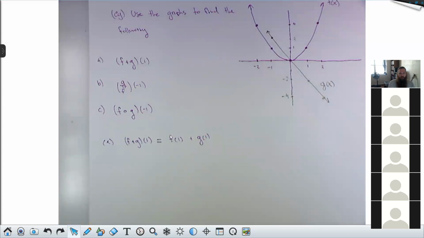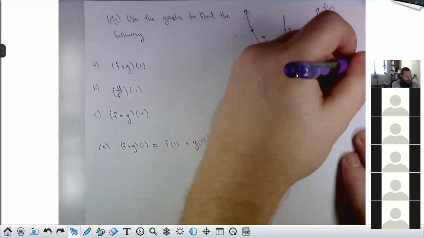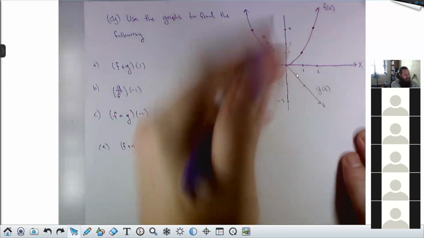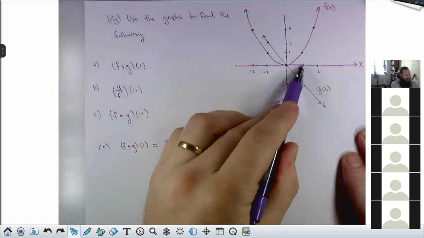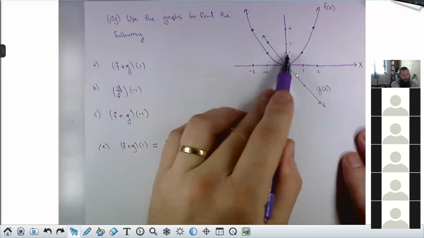So now what is f of 1? Yeah, we're looking along the graph of f of x when x is equal to 1. This is my x-axis. So when x is equal to 1, this parabola's y value up here is 1.